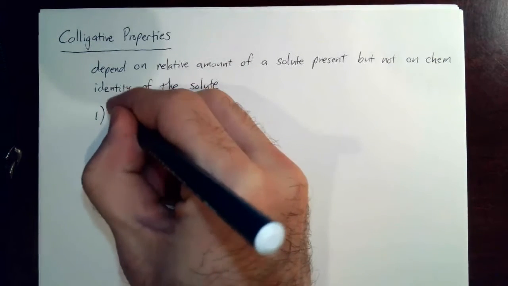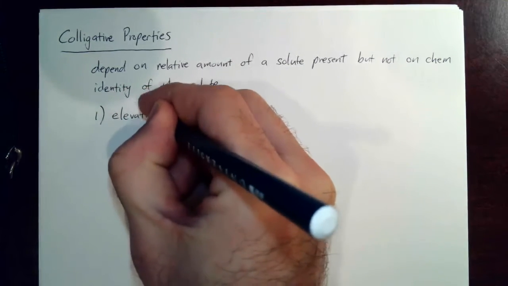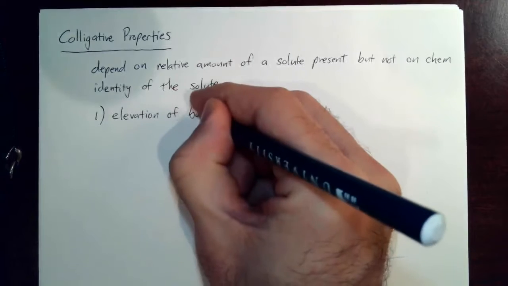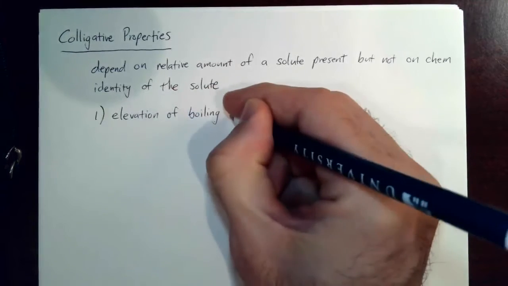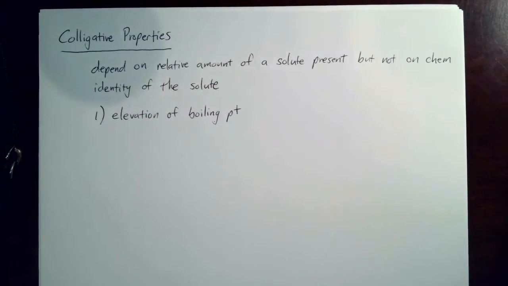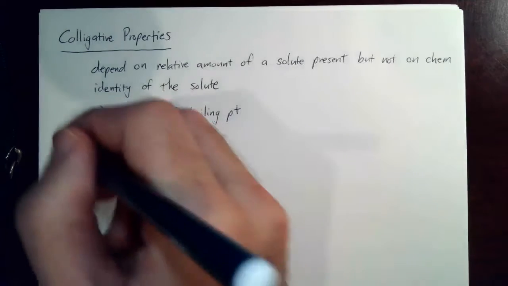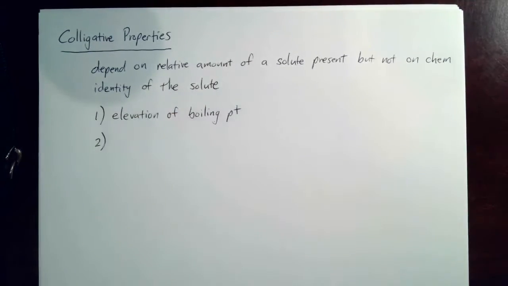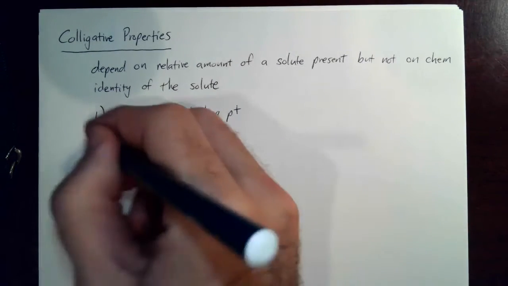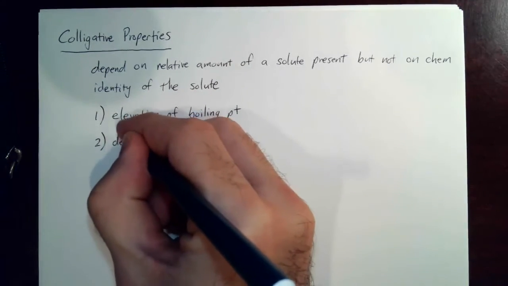One is the elevation of the boiling point. When you dissolve a solute in a solvent, it increases the boiling point of the solvent. Also, the depression of the freezing point.